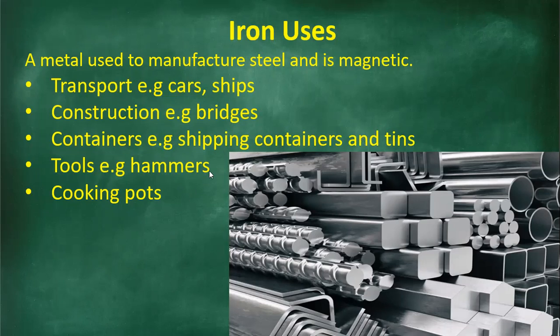It is also used to make different tools like hammers, and I saw someone saying wrenches on the chat box. It is also used to make wrenches. Somebody said pipes, for cars, okay, and pots.